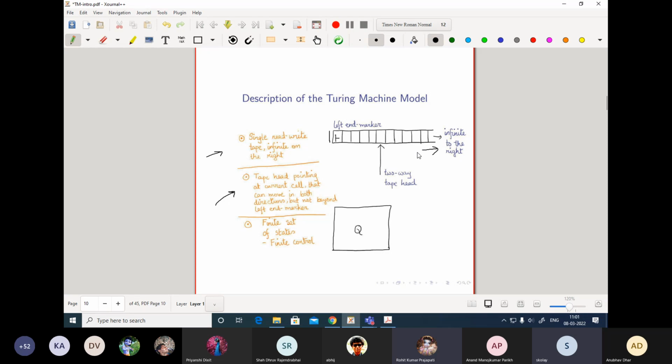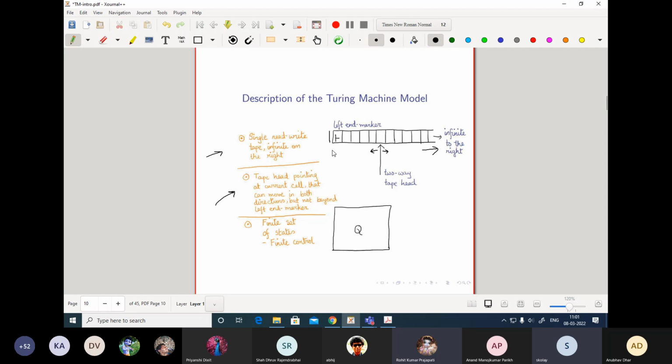In a stack, you could only read the topmost element. Here, you can move within this tape. I will be calling it a tape from now on. The tape head pointing at the current cell can move in both directions, but at every step you move at most one step either to the left or to the right.